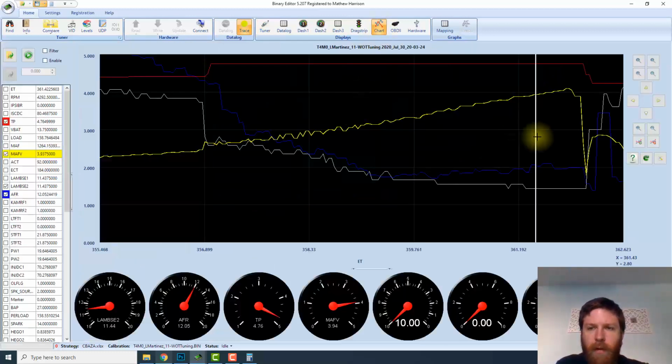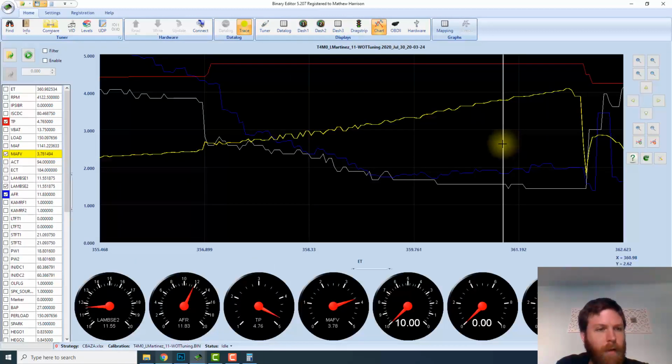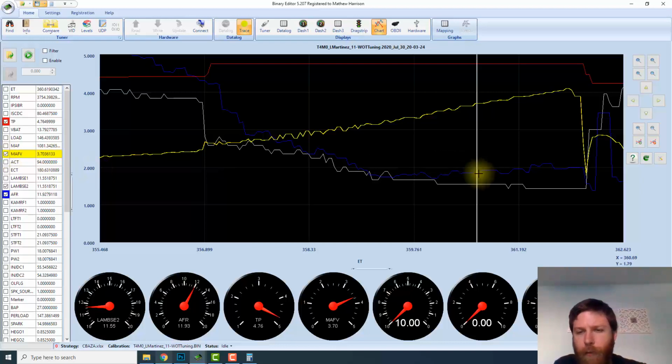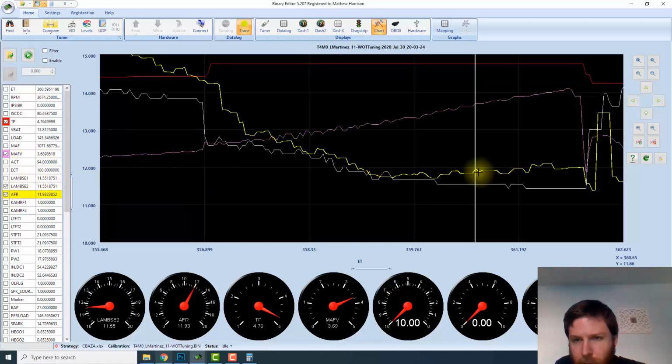Okay, next point down is 3.7. So 3.7 is going to have us right around here. Now at this point the lambda is a little different because as boost is climbing, I'm running it a little richer. So here the lambda is 11.55, and going back over to my AFR and looking at our crosshairs here, maybe somewhere about right there, down at the bottom right corner it says it's 11.91.